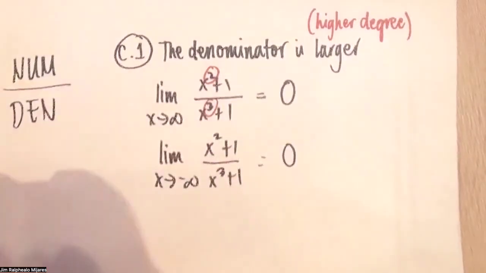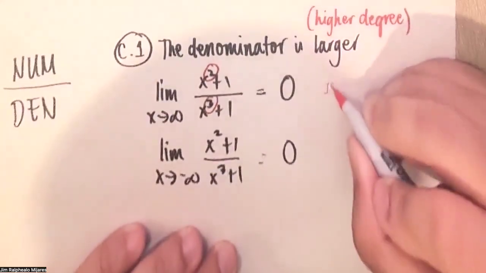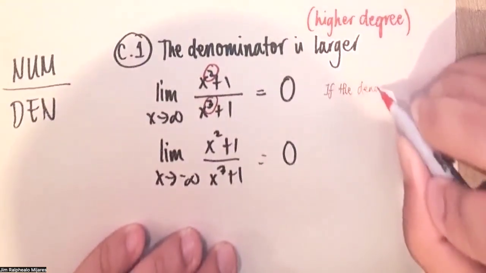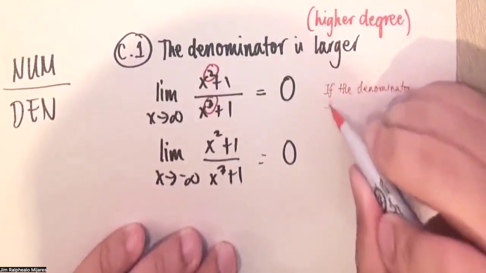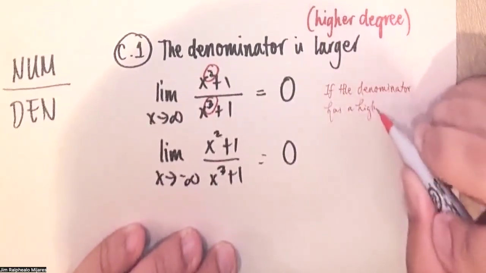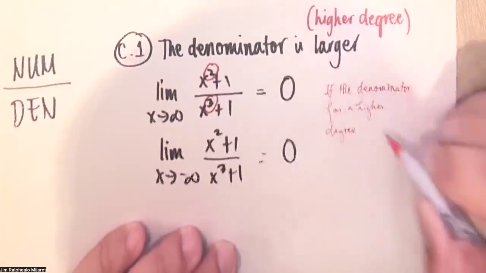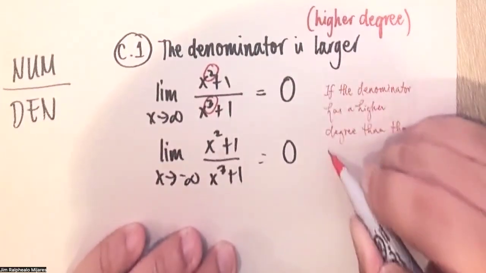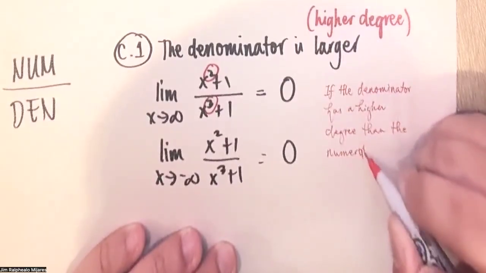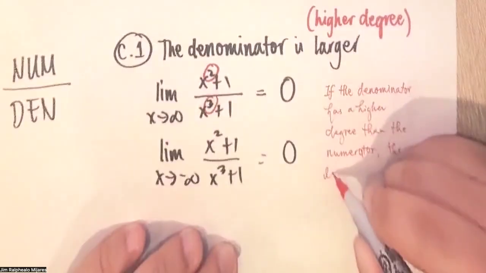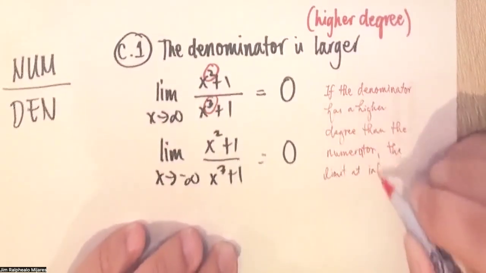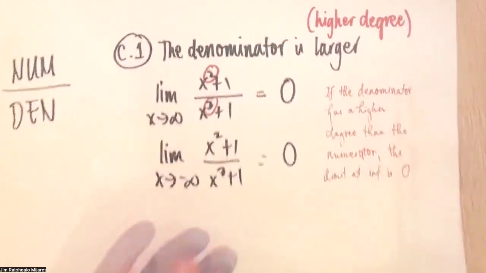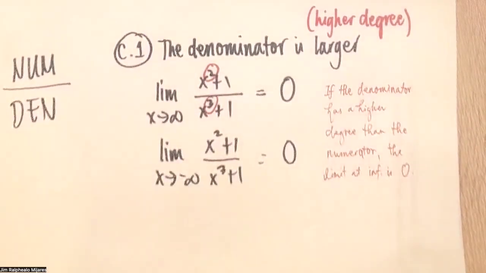So if the denominator has a higher degree than the numerator, the limit at infinity is 0, which makes sense. Okay, you can kind of think of it as the denominator is growing faster than the numerator, right?